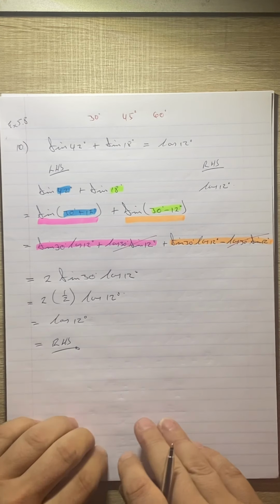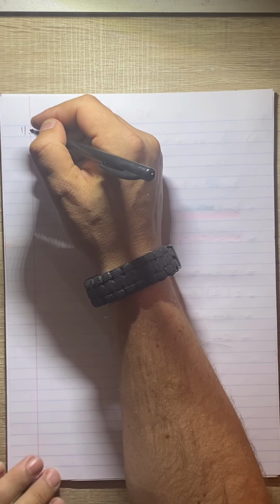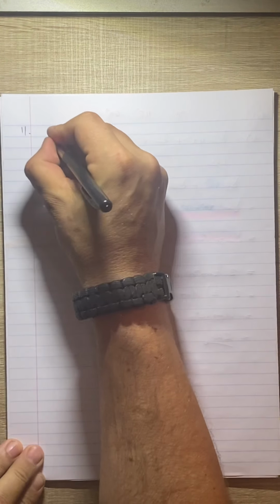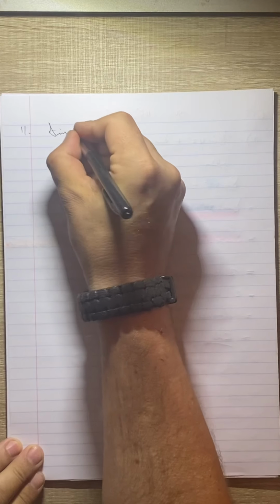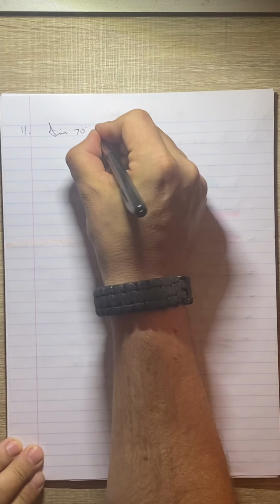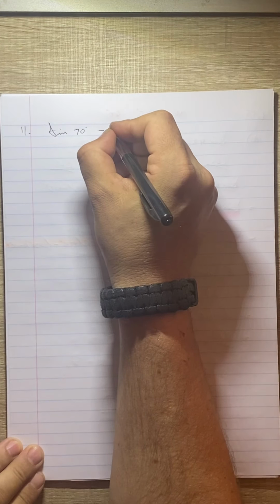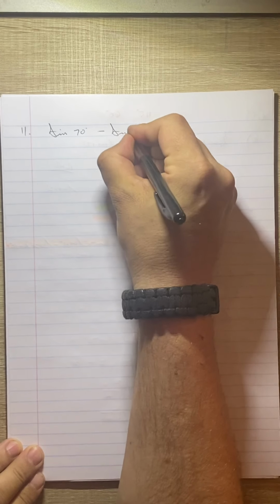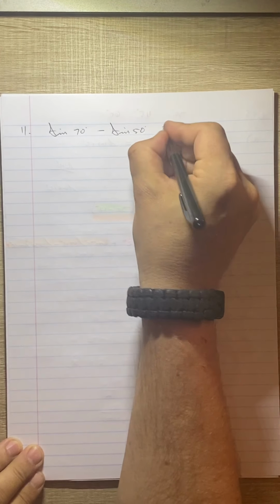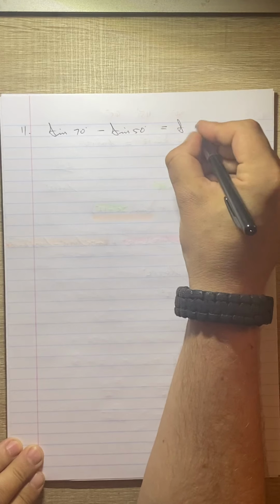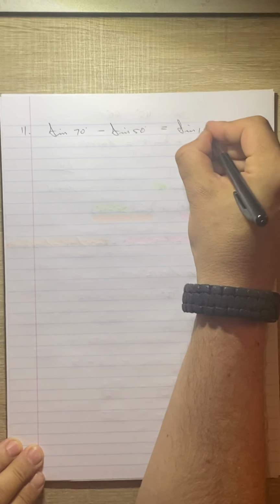All right, I think I've got time to do the next one, which is question 11. Okay, so question 11, again, is saying prove that sine 70 minus sine 50 is equal to sine 10.